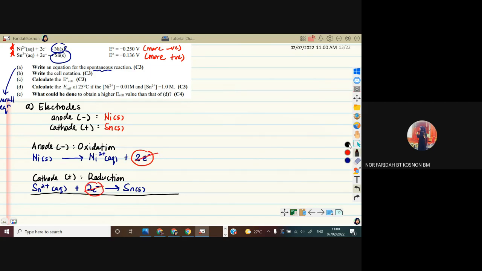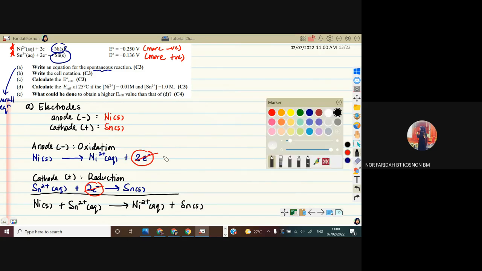Okay, so the answer for question A is nickel solid reacts with tin ion aqueous, right? Produces nickel ion aqueous and deposits tin solid. Okay, so check your answer.